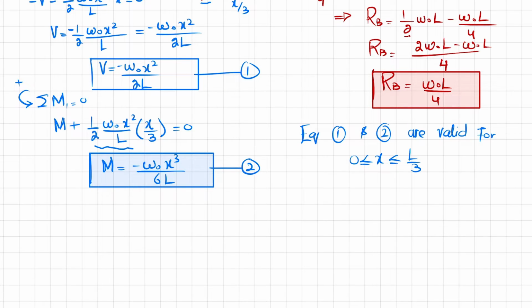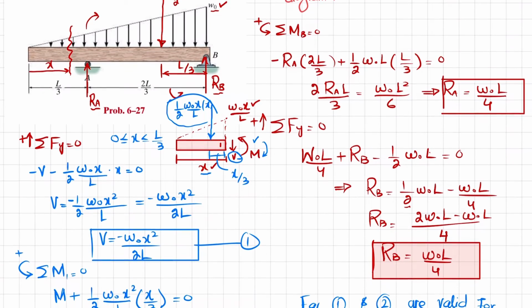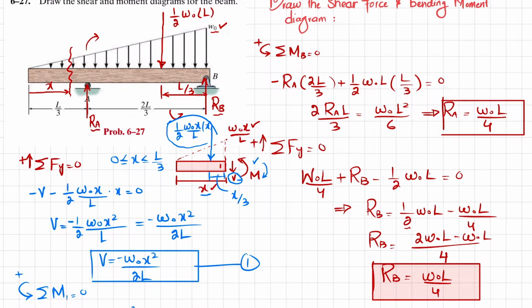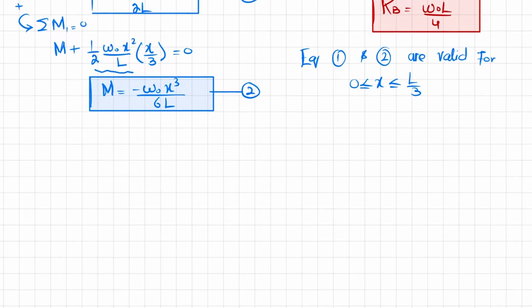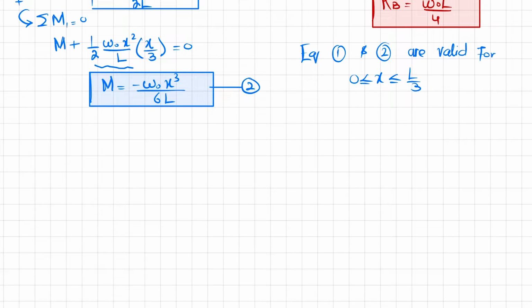Now what we will do is find the equation when we cut the beam over here. So this will be your total X. And here, at a distance of L by 3, we have RA. So we will draw the free body diagram. So again this is the beam.